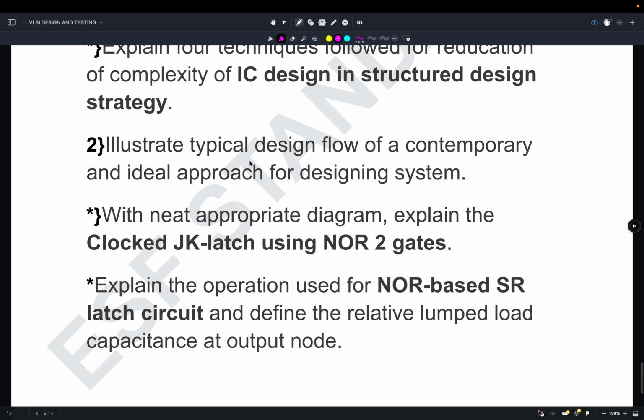Explain with an appropriate diagram the clocked JK latch using NOR gates. Explain the operation of the NOR-based SR latch circuit and define the relative lumped load capacitance of the output. In these three questions, one is going to come in the exam for 10 marks. In this model also we can easily score 20 out of 20 marks.